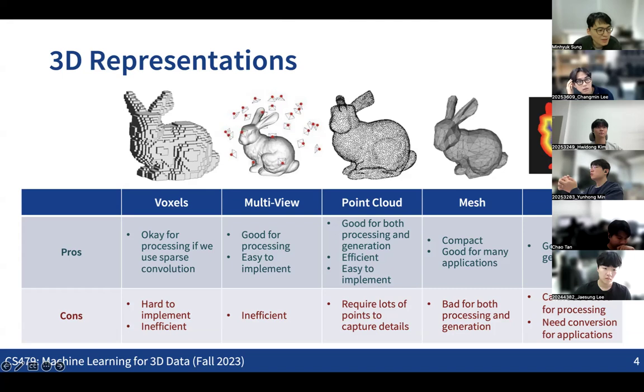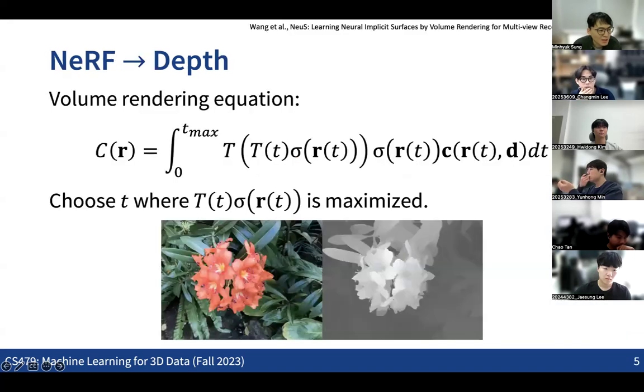So I guess you might already have some ideas for this, but basically there are some ad hoc approaches in terms of how we can get depth information from the NeRF. If we revisit the volume rendering equation, what we can see is that the multiplication of the transparency and the opacity here is basically a weight for each point, representing how likely the ray will stop at each point.